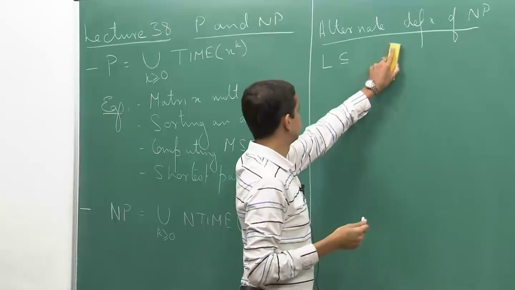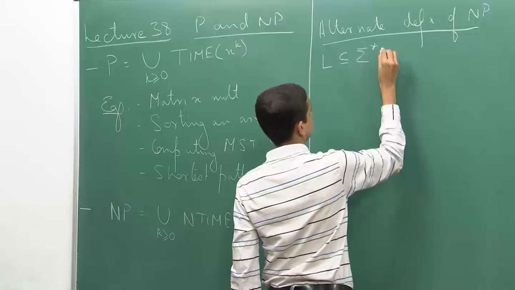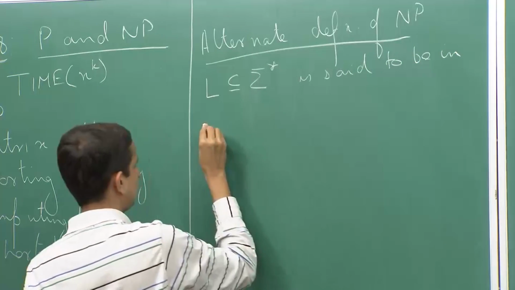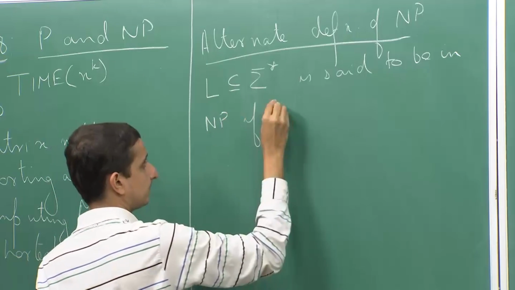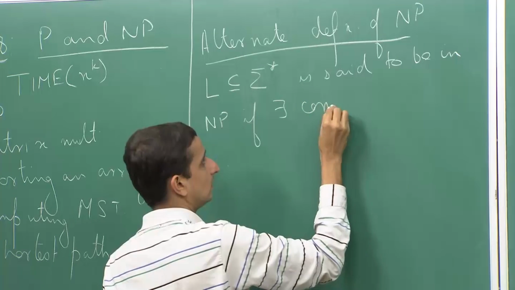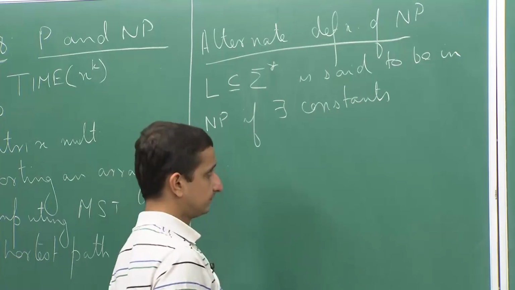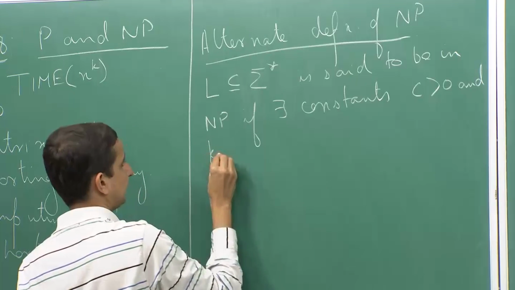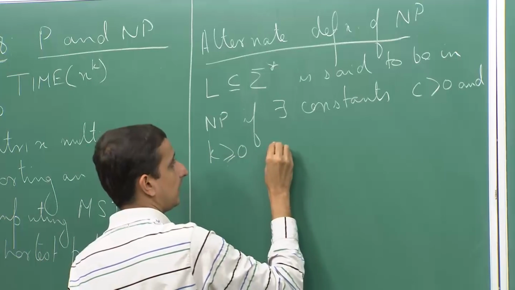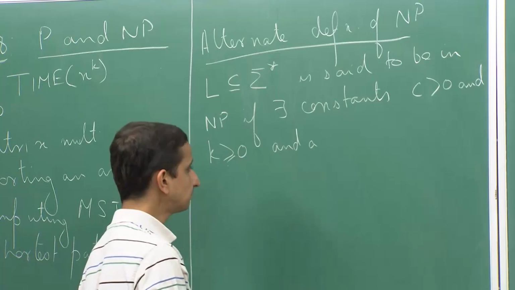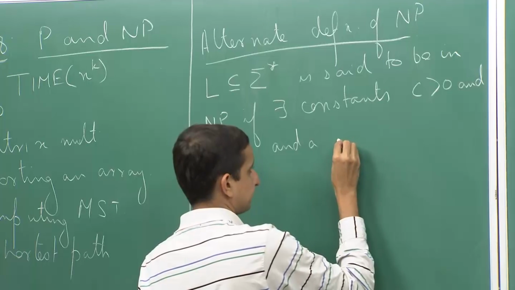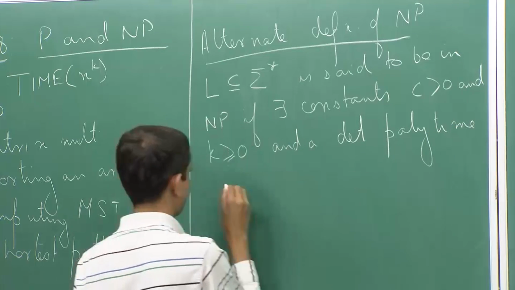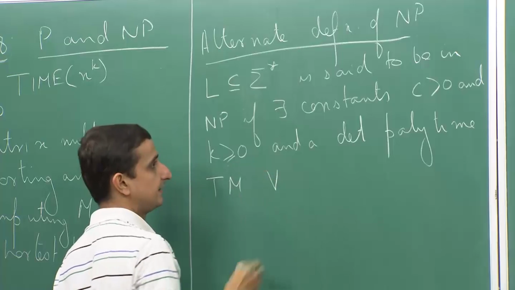I mean, instead of 0 1 star, maybe I will just use sigma here, is said to be in NP if there exists constants c greater than 0 and k greater than or equal to 0, and a deterministic polytime Turing machine V. Okay.